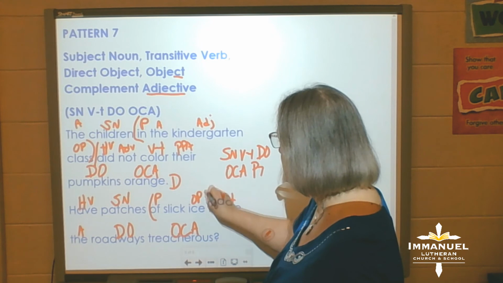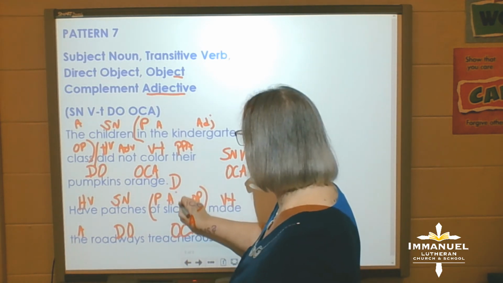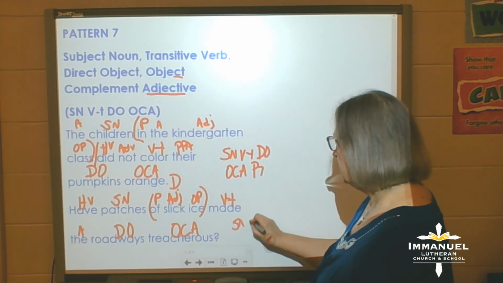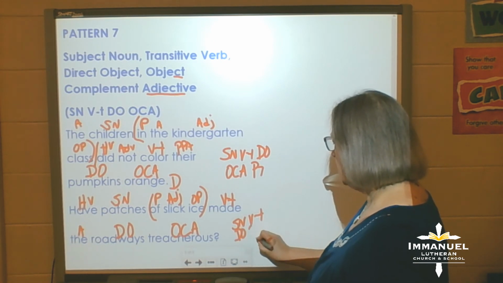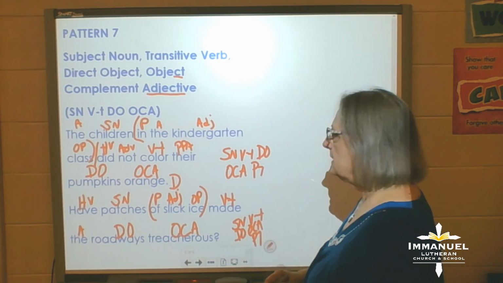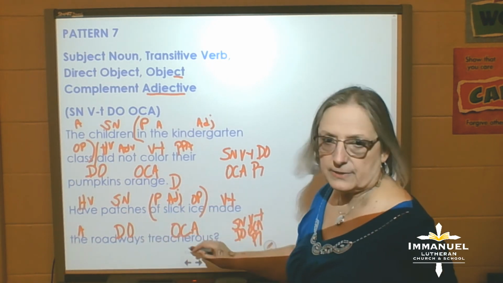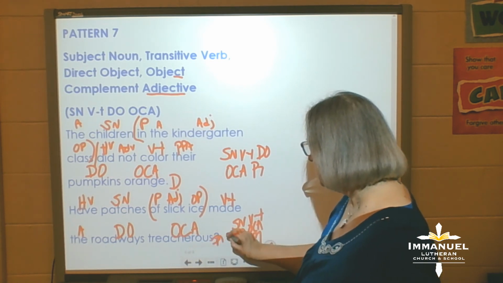Ice, object of a preposition. What kind of ice? Slick, adjective. Subject noun. Verb transitive. Direct object. Object complement adjective. Pattern 7. Check. Is everything marked? Yes, it is. Question mark, question, interrogative sentence, INT.